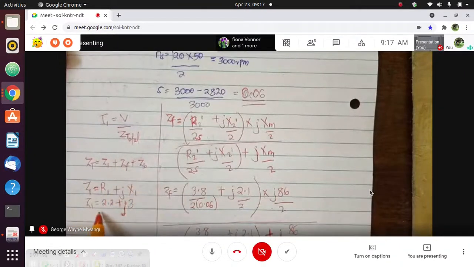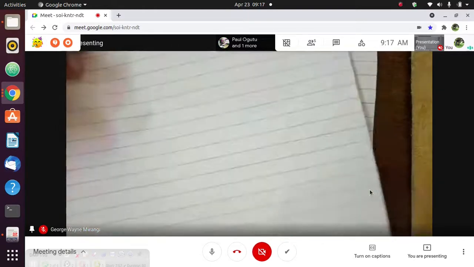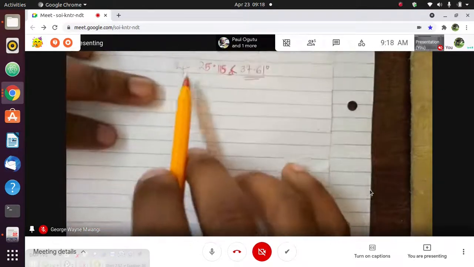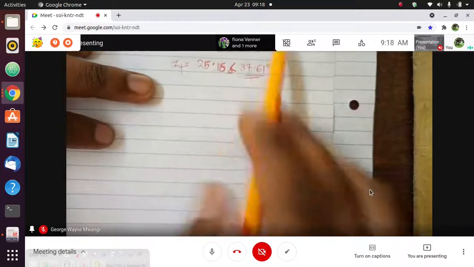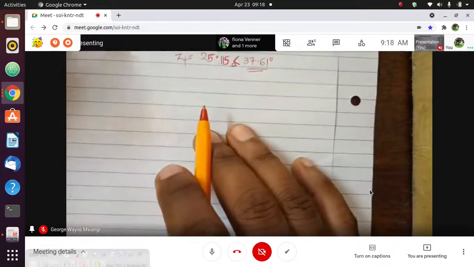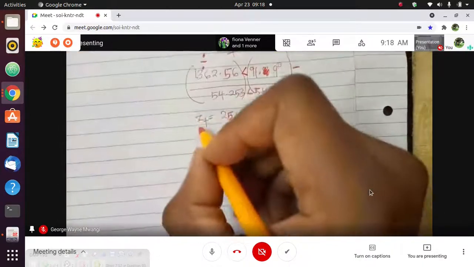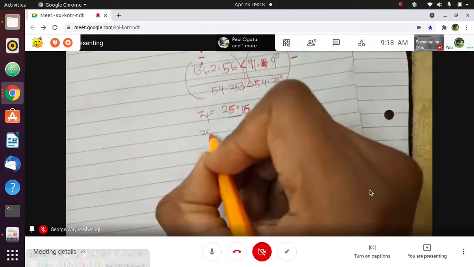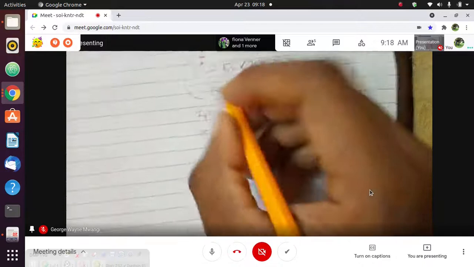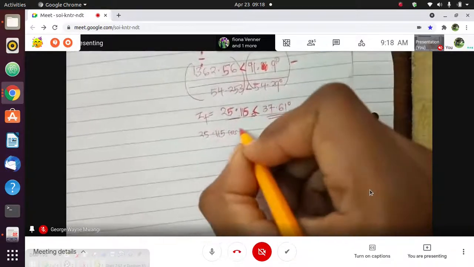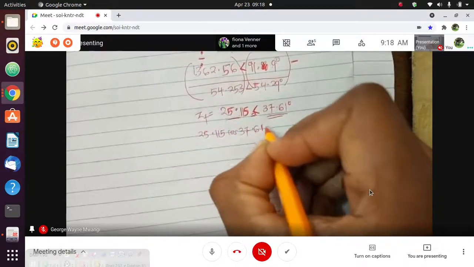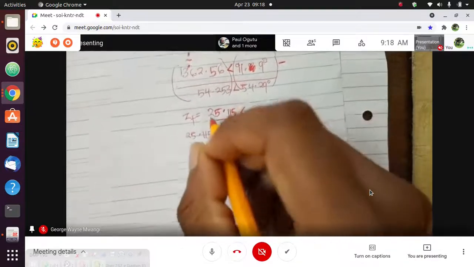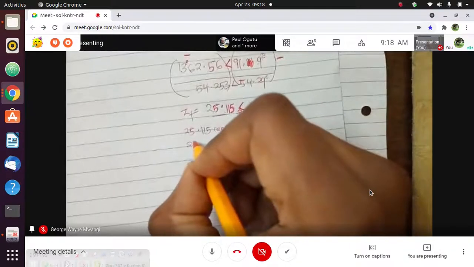As it is right now, we cannot add Z1 in its complex form to ZF, so we have to change this back to complex form. We take this 25.115 times the cos of this angle, 37.61. This will give us the real part of our complex number.